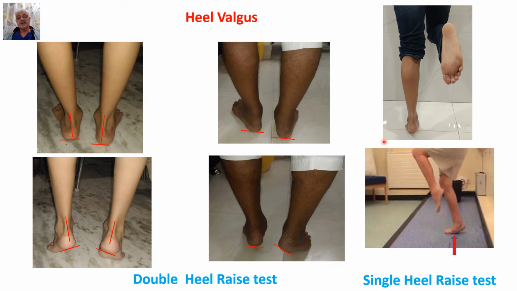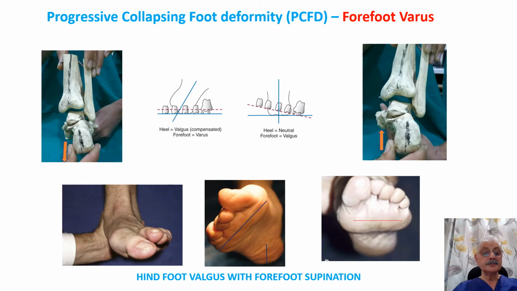So in this patient the posterior tibial tendon is incompetent and the patient may have pain. The other advantage of the single heel raise test is that you can see any midfoot break while the patient is doing it.